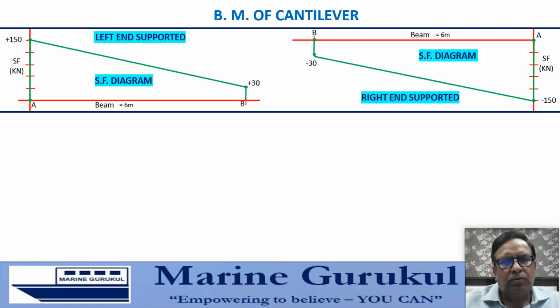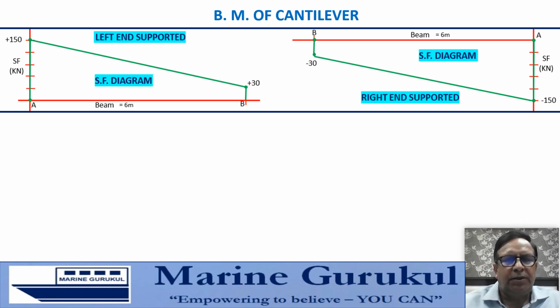Here are the two SF diagrams, one for the left end supported and the other for the right end supported. We shall be drawing the BM diagram for both of these cases so that we can see that the BM at the corresponding points is the same.